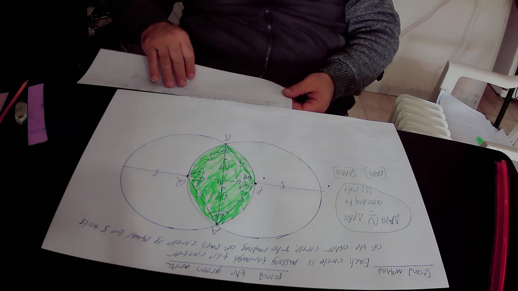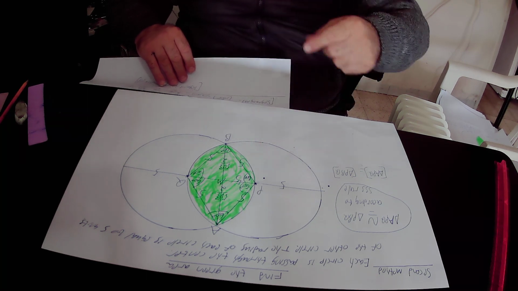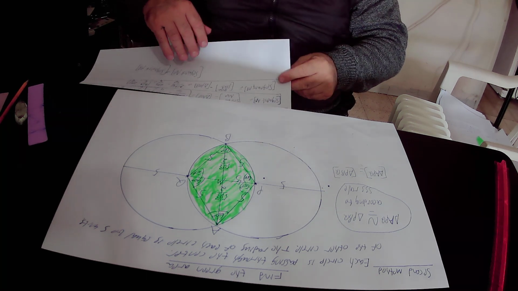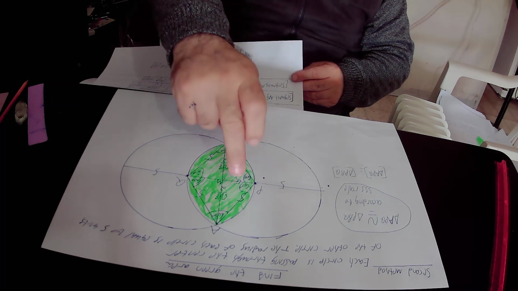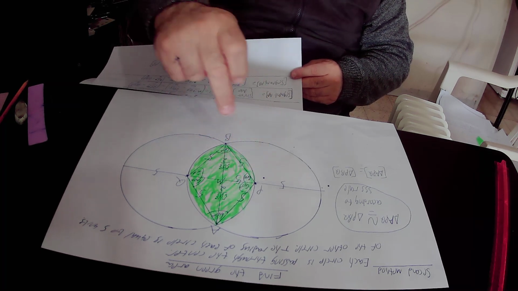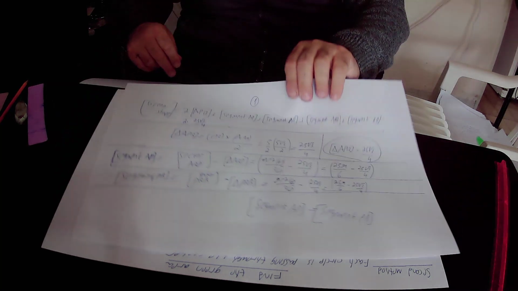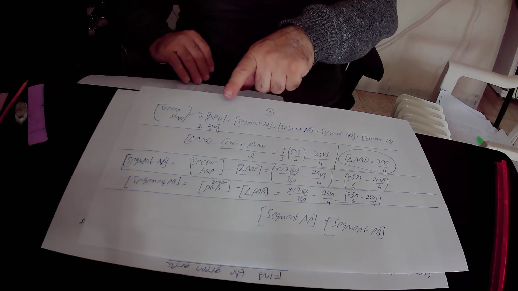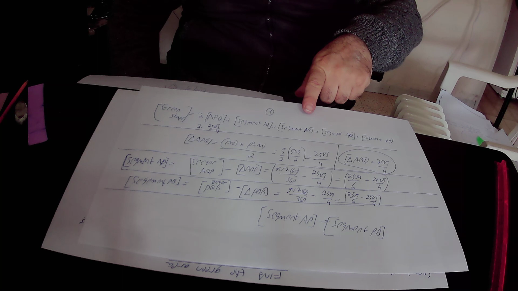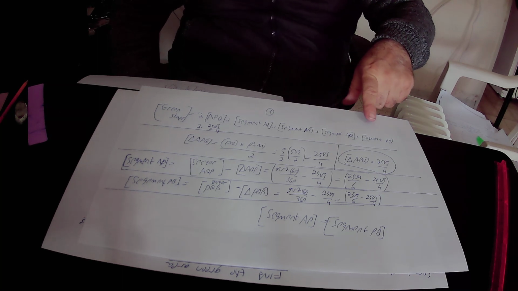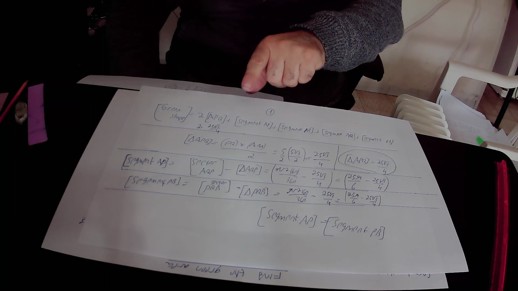And therefore, the green area will be equal to 2 times the area of triangle APQ plus the area of the 4 segments AP, PB, BQ, and AQ. So the area of the green shape will be equal to 2 times the area of triangle APQ plus the area of segment AP plus the area of segment PB plus the area of segment AQ plus the area of segment QB.